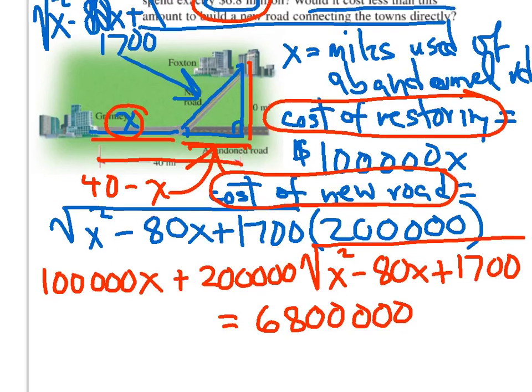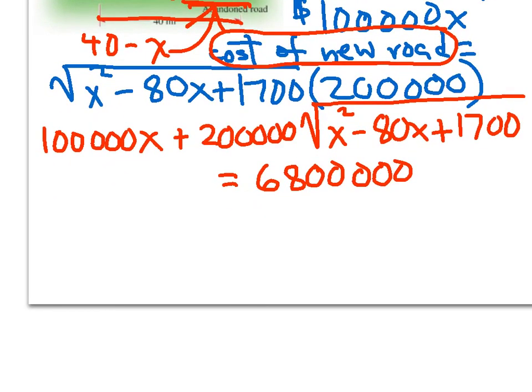That's the equation that we now have to solve. The equation is 100,000x plus 200,000 times that square root is equal to 6,800,000.